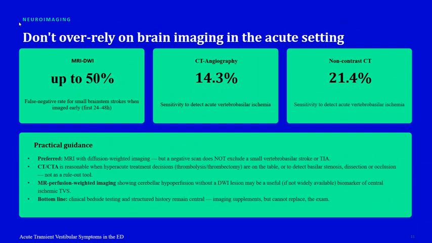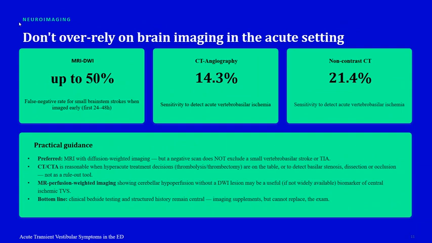Practical guide: MRI with diffusion weighted imaging is preferred, but a negative scan does not exclude a small vertebrobasilar stroke or TIA. CT or CT angiography is reasonable when hyperacute treatment decisions for thrombolysis or mechanical thrombectomy are on the table, or to detect basilar stenosis, dissection or occlusion, not as a rule-out tool.